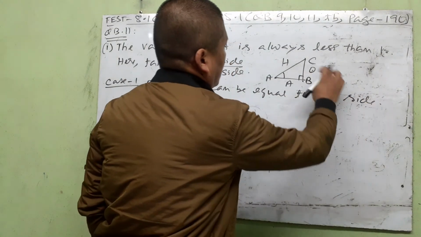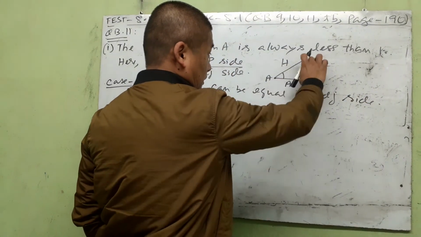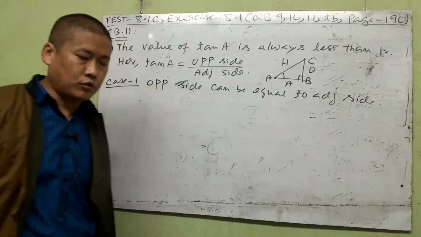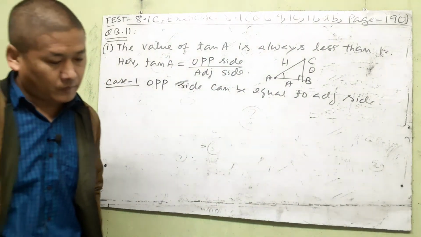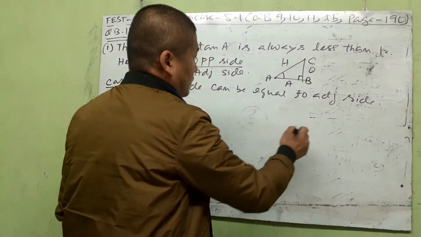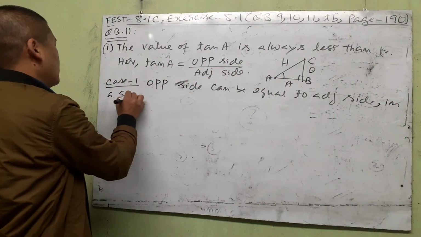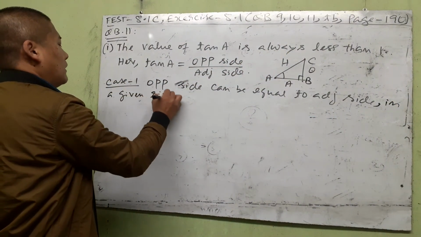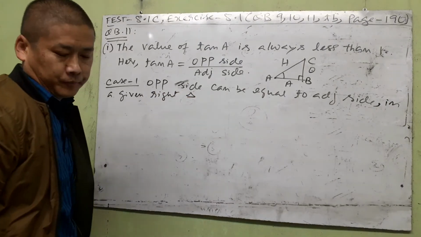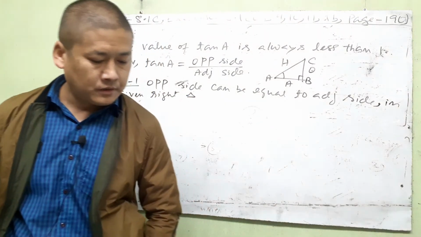Let's see. Absolutely correct. Adjacent and opposite, 5 centimeter. Such a situation can happen in a given right triangle.